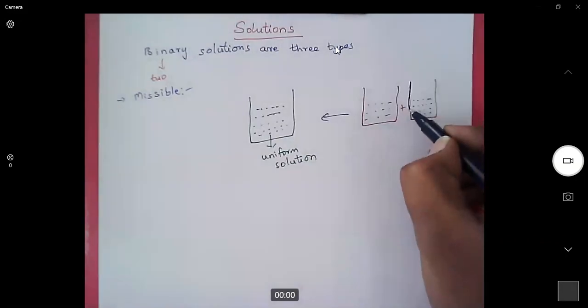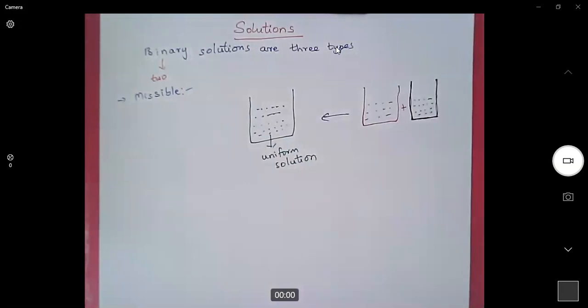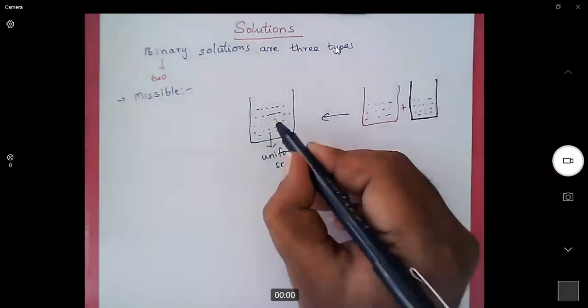That means both these compounds will mix in all respects and they will generate a uniform solution.